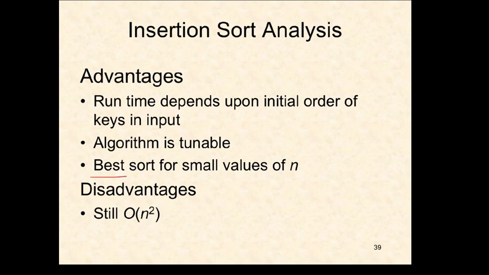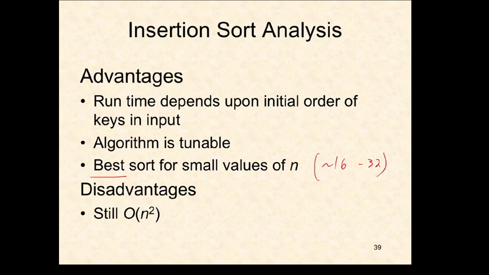What is a small value of n? Compiler and library makers test this, and they found that in the range of 16 to 32, somewhere in that range, insertion sort beats every other sort.